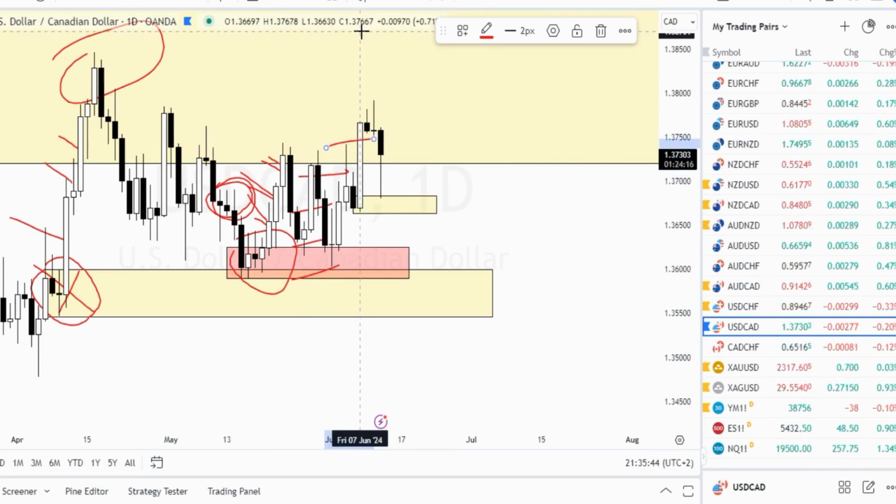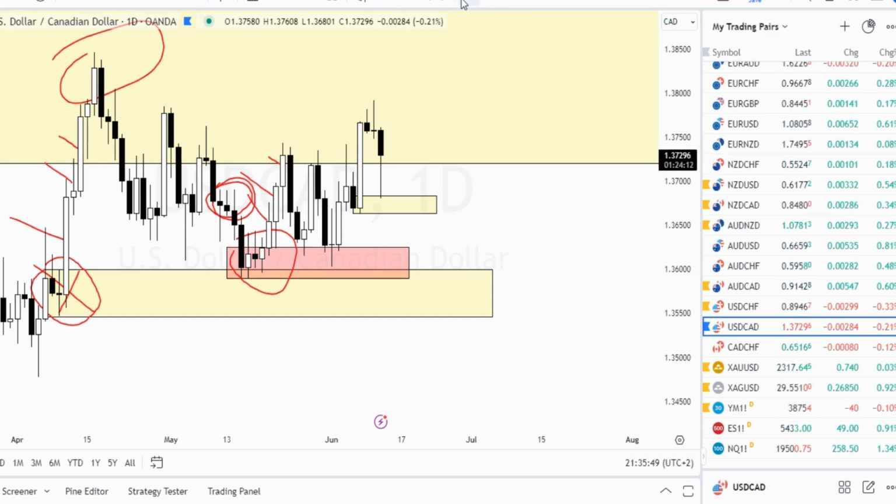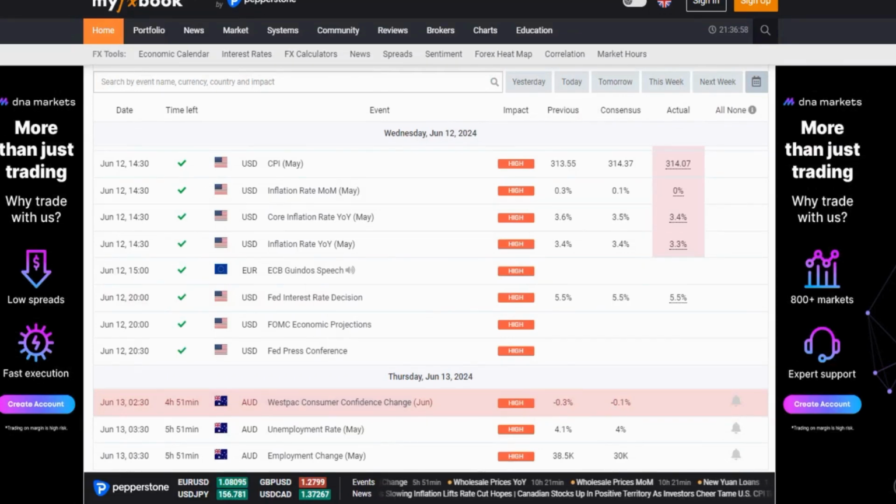Okay guys, but today it was a Fed interest rate decision. Just let me show you. As you can see, here is Wednesday, June 12, and there was a Fed interest rate decision.